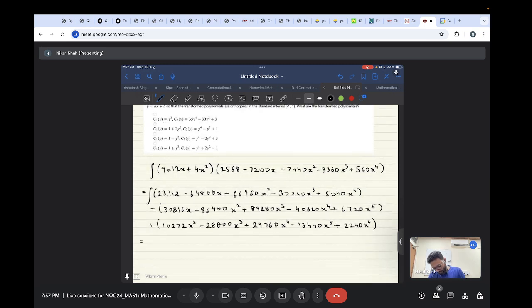So therefore, the total is like 23,112, 64,800. This is minus, and 3816 is also minus. So 3816, yes, two terms.